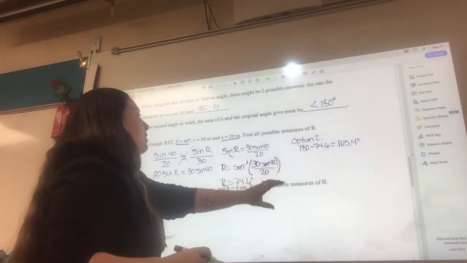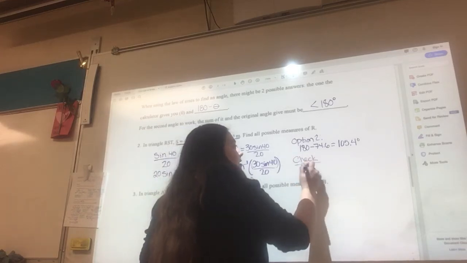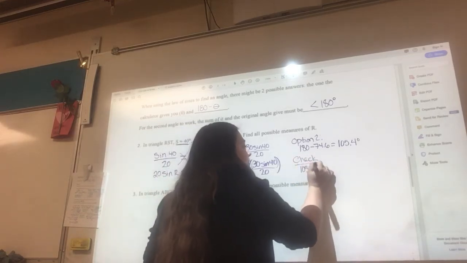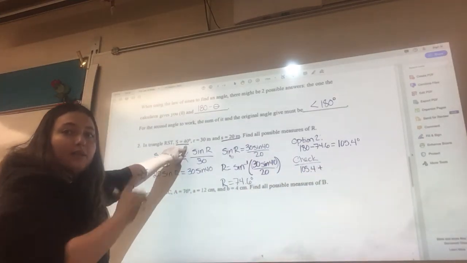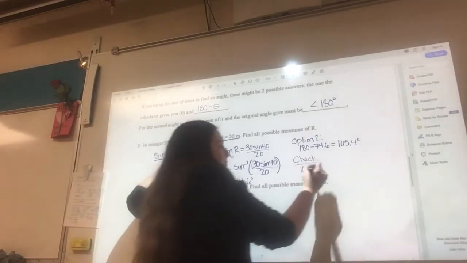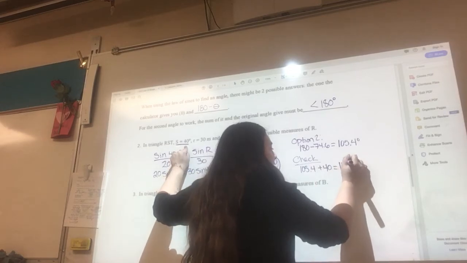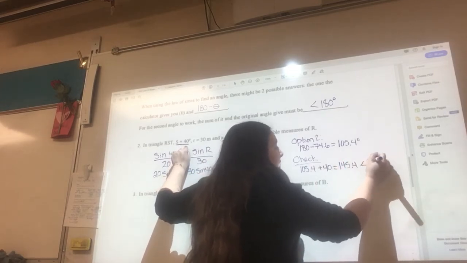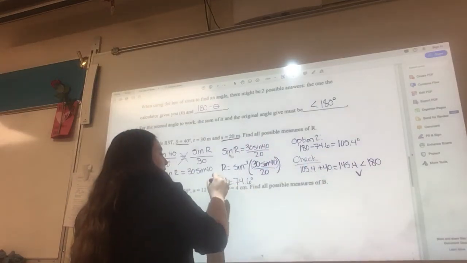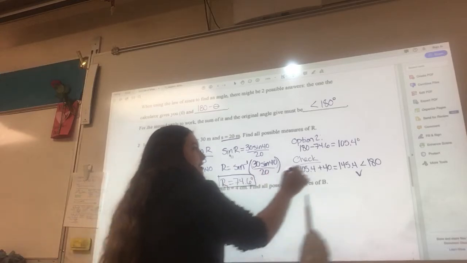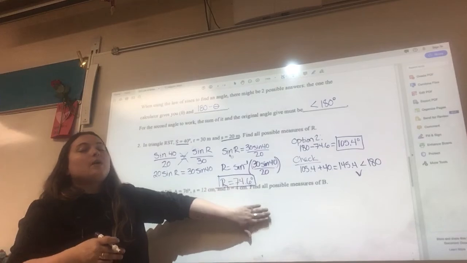To check, we take 105.4 and add what was originally given, the 40. 105.4 plus 40 is 145.4, which is less than 180. So this does work, and you have two answers, where R is 74.6 and 105.4. This is what we mean by checking.